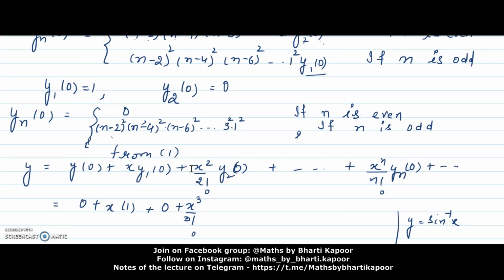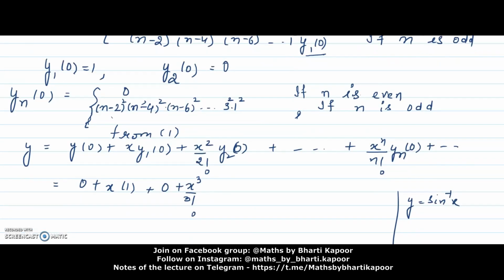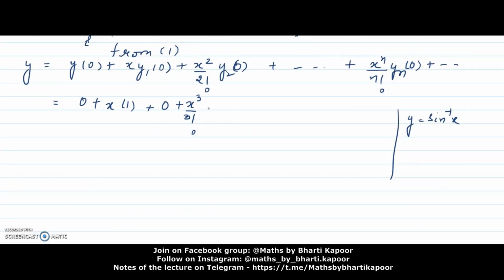When n is 3, then y3(0) will be equal to (3 minus 2) whole square, that is 1 square.